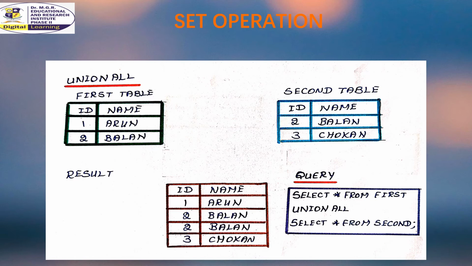The important concept of the union all operation is that it does not eliminate any duplicate row or record.